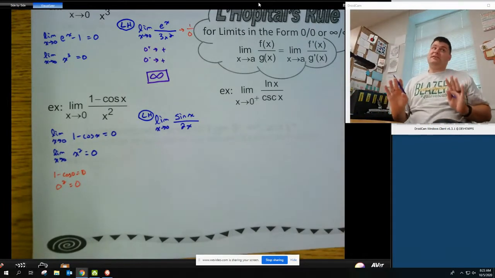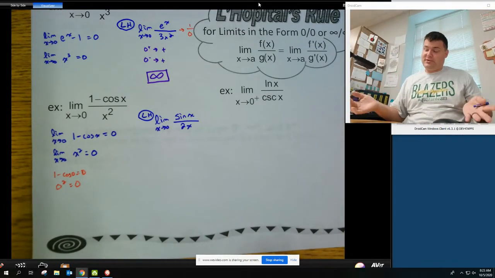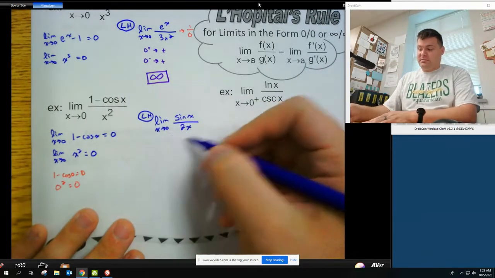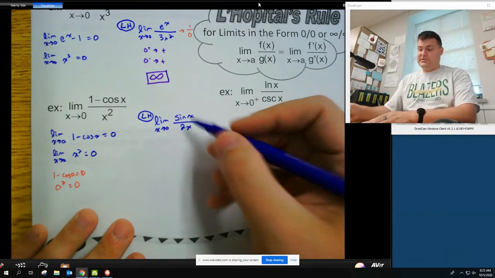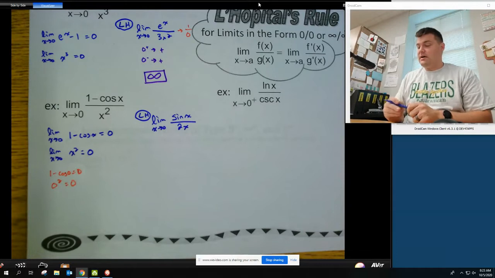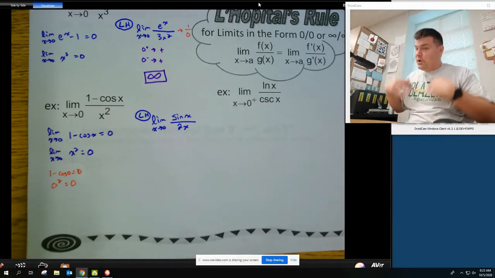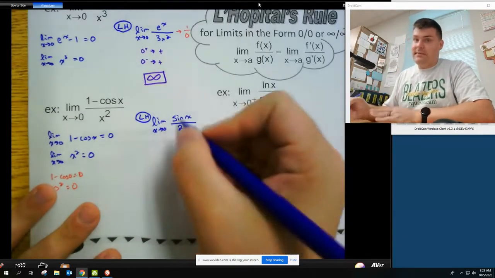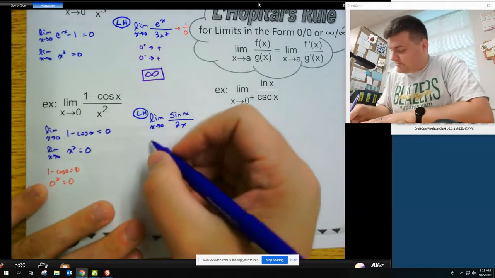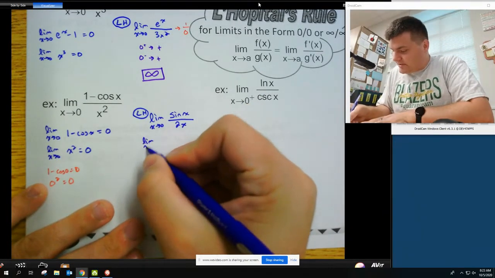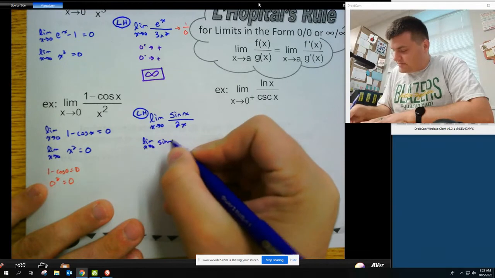Now, if you actually look at this, this is one of our trig stuff that we should be familiar with. We actually know how to do this problem without having to do L'Hopital, using our trig properties of limits. But I will keep going with L'Hopital, that way I can show you that L'Hopital's is required a couple times sometimes. So the limit as x approaches 0 of sine of x is equal to 0.